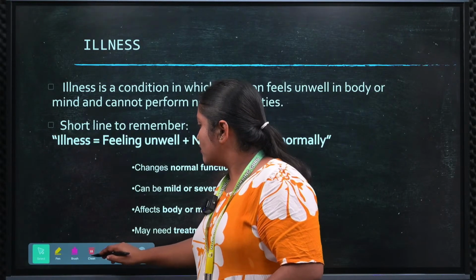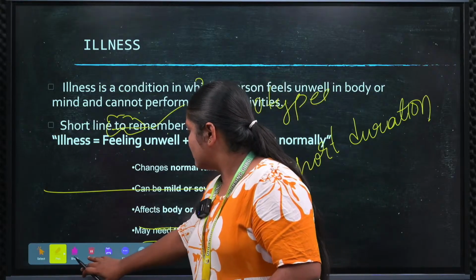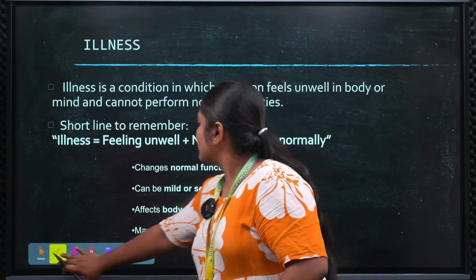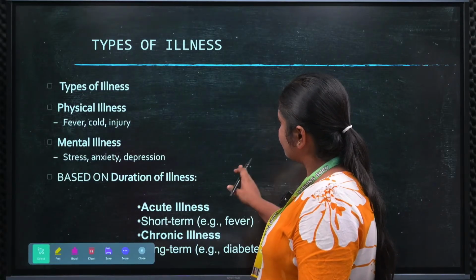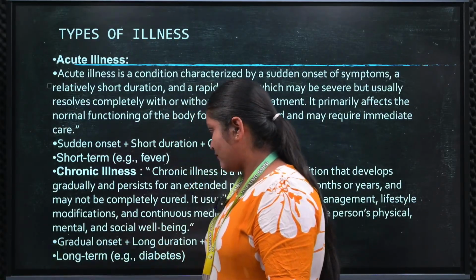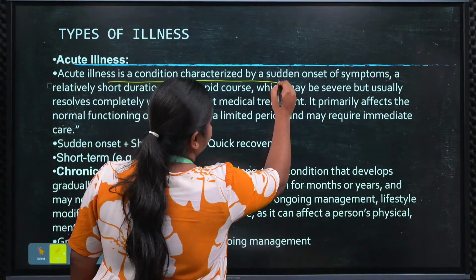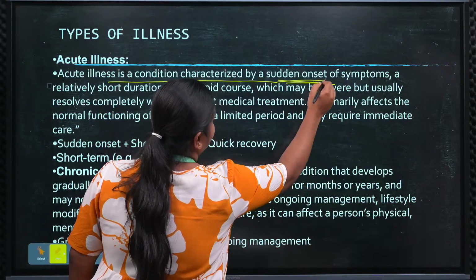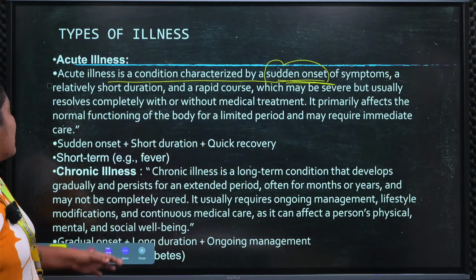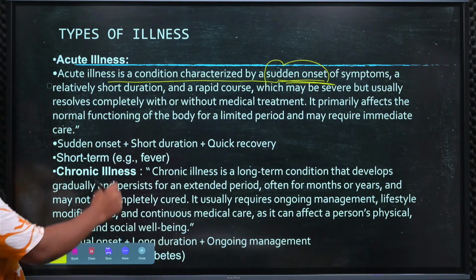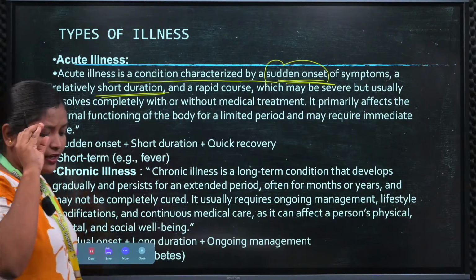So this one is sudden. Acute illness is a condition characterized by sudden onset, here you can see, sudden onset of symptoms, a relatively short duration. Again we are seeing here short duration, within a very short duration.